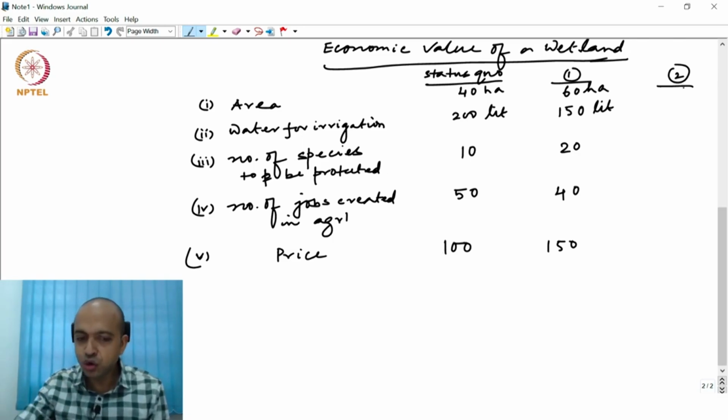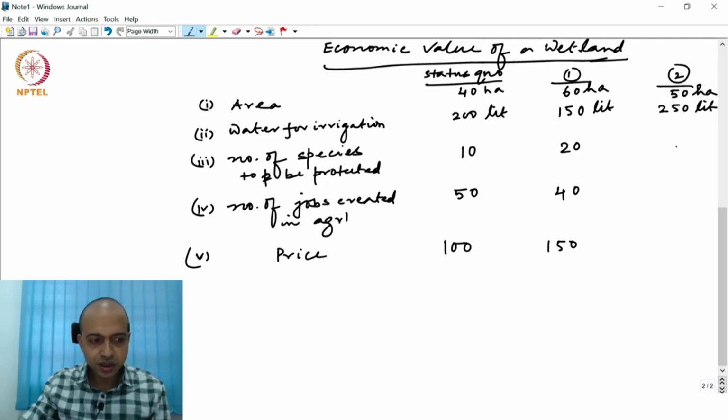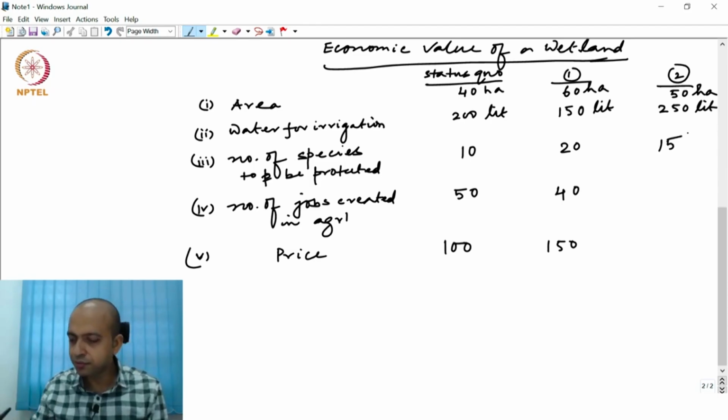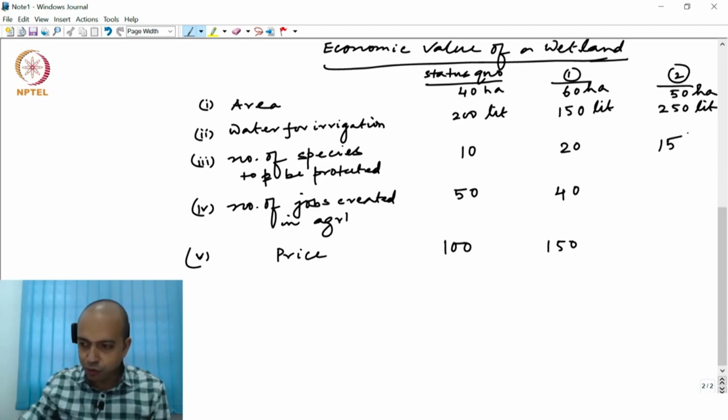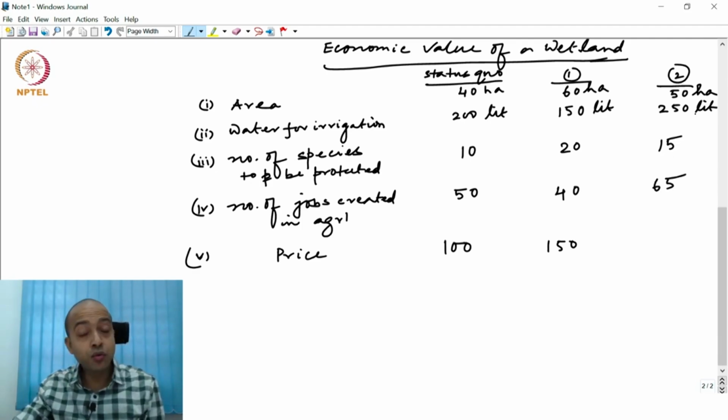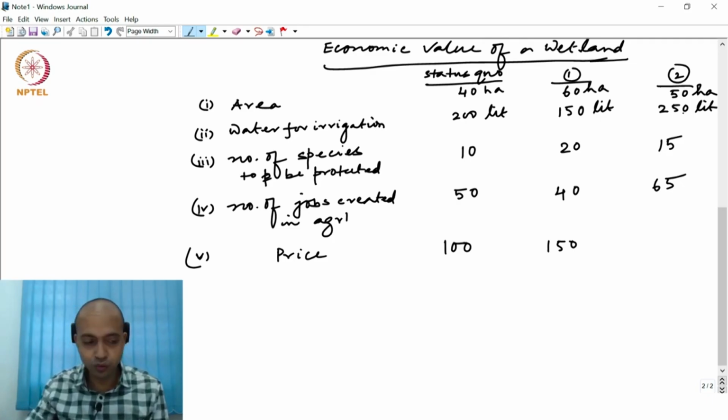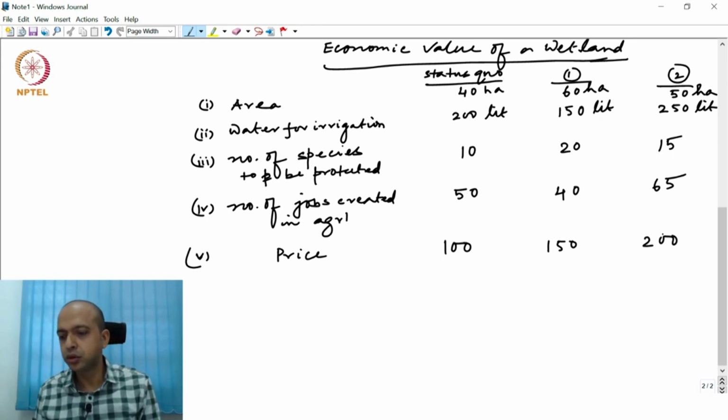Then in scenario 2, the size is 50 hectare. Then water supply has increased from 200 to 250, and then the number of species that you can protect is 15, and the number of jobs is 65. Why 65? Because water supply has increased from 200 to 250. And then we are asking the respondents to pay 200.